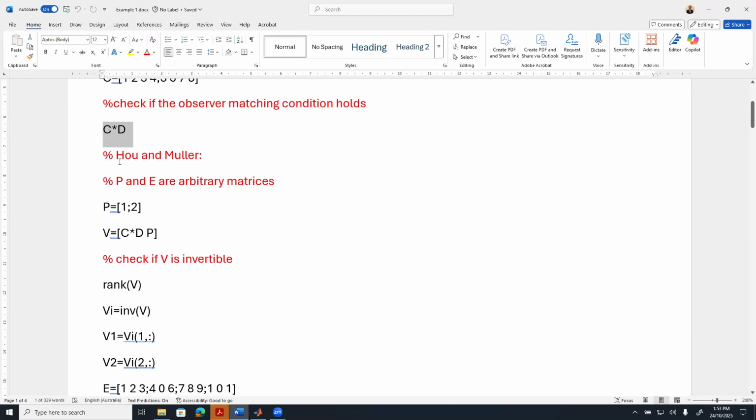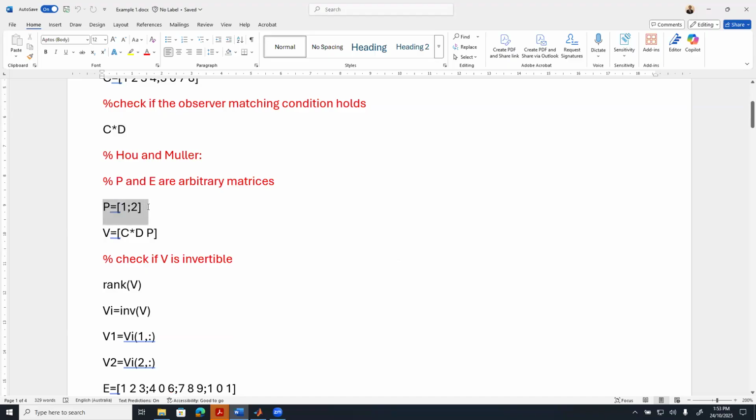And according to the Hou and Muller method, as we went through in previous presentations, the matrix P and matrix V are obtained as follows.